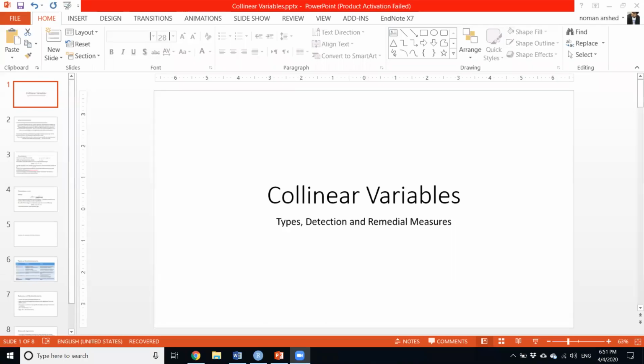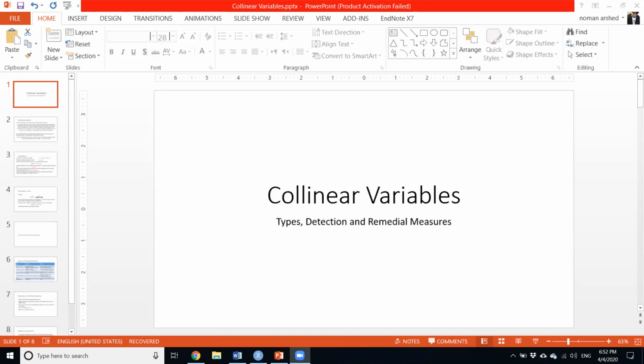Hello. So today's session we start with the discussion of collinear variables. We finished our topic in the previous session about post-regression diagnostics, and we did several tests on simple OLS, and we understood how to diagnose a model.